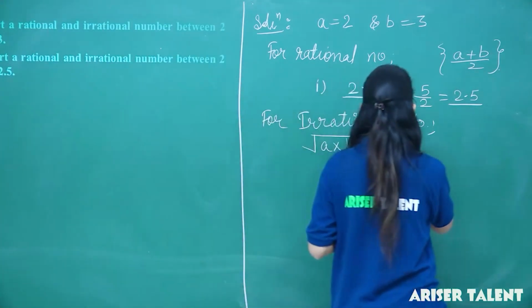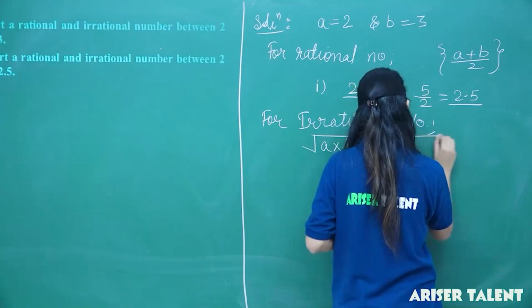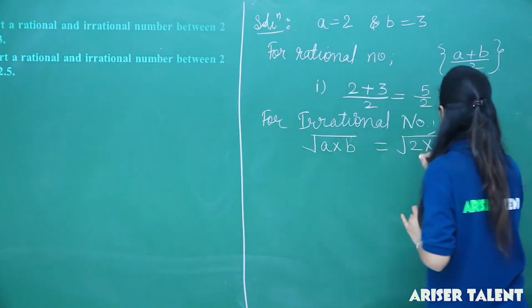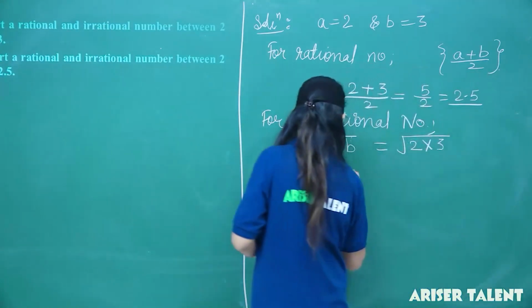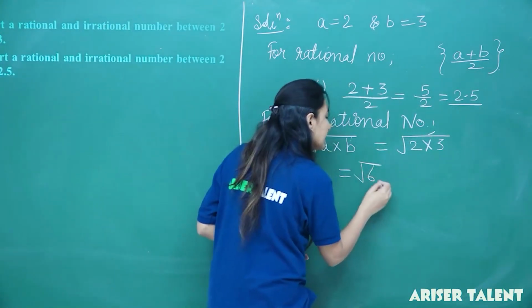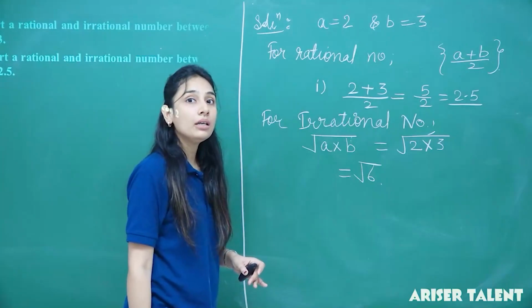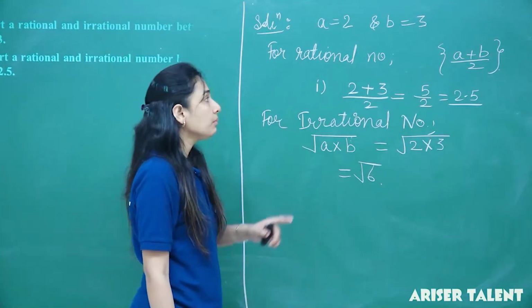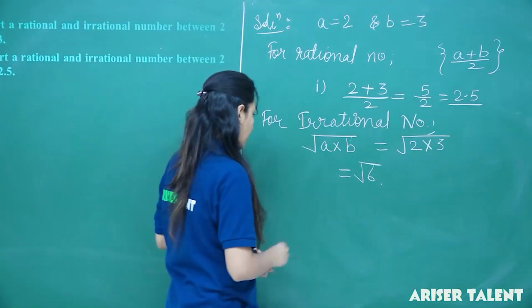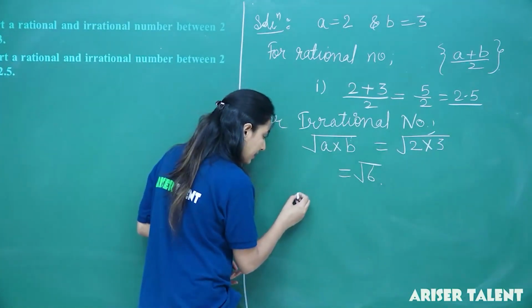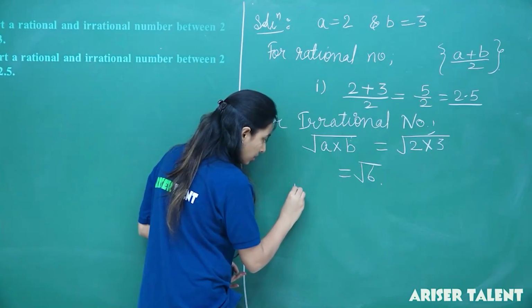So the value of a is what? 2 and the value of b is what? 3. So root 6 is the irrational number between 2 and 3.